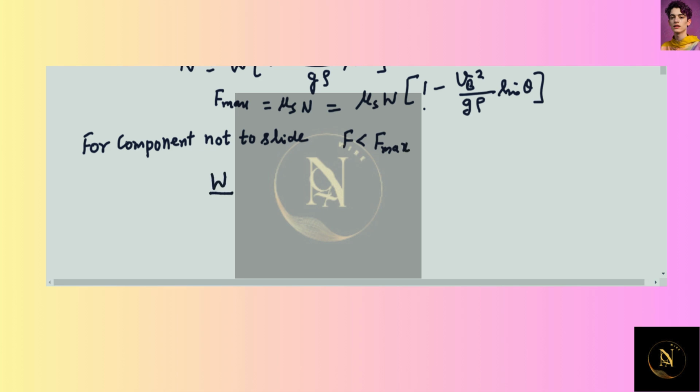So weight upon g, velocity v square by rho cos of theta to be less than mu s weight into 1 minus.